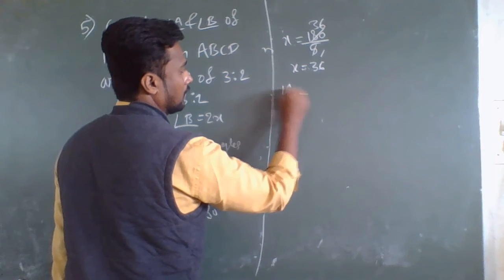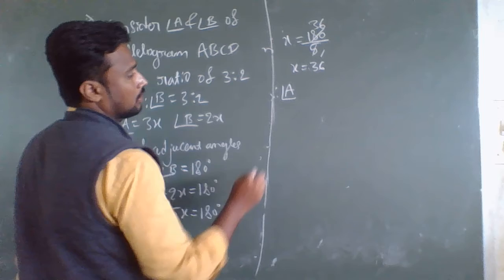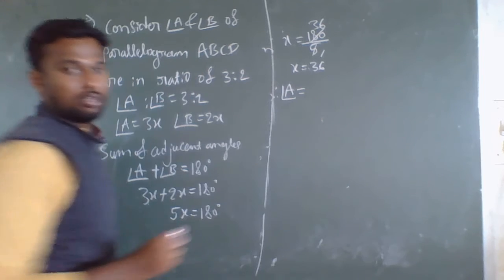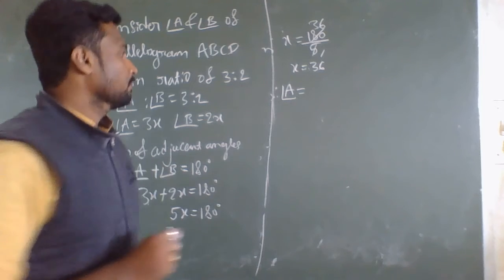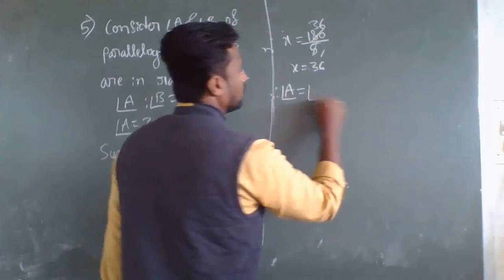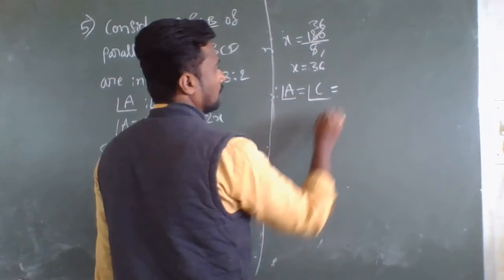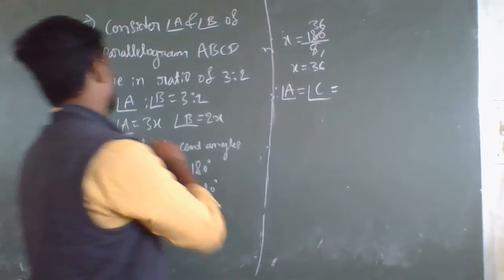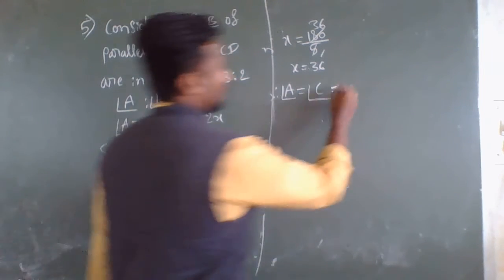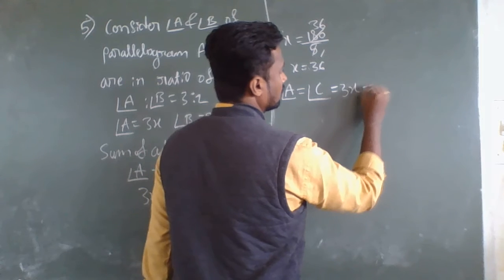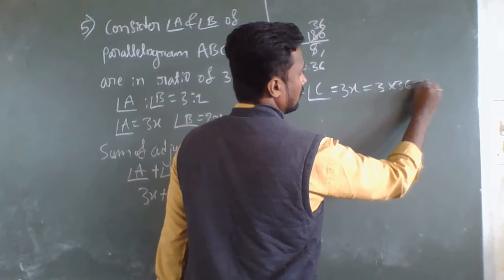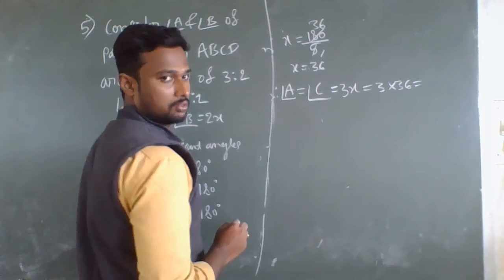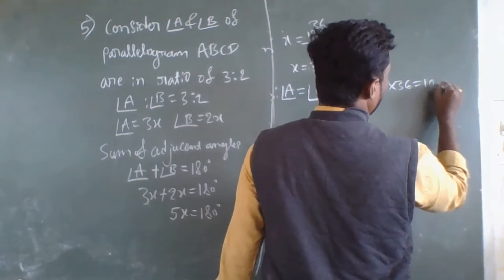In a parallelogram, opposite angles are always equal to each other. Angle A is opposite to angle C, so angle A value is 3x, which is 3 into the x value, 36. 36 into 3 is 108. Like this only. And angle B is opposite to angle D, so angle B is equal to angle D, because in a parallelogram opposite angles are equal to each other.